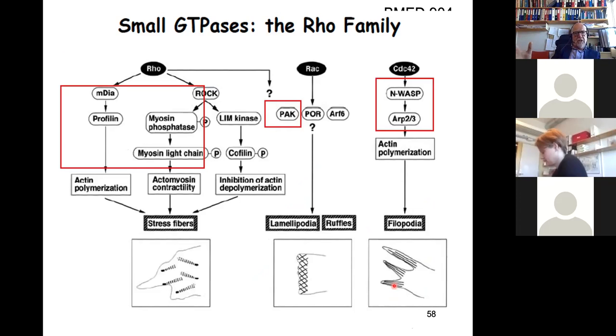Another set of signals are focused on the cytoskeleton, where three small GTPases, CDC42, RAC, and RHO, all have different effects in the cells. CDC42 is involved in filopodia formation, RAC in lamellipodia formation, and RHO in stress fiber formation.